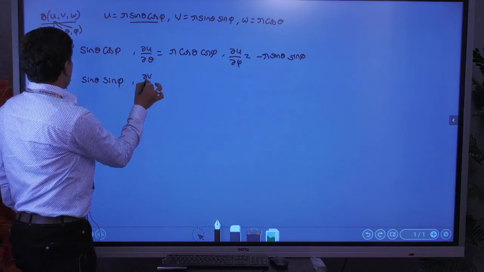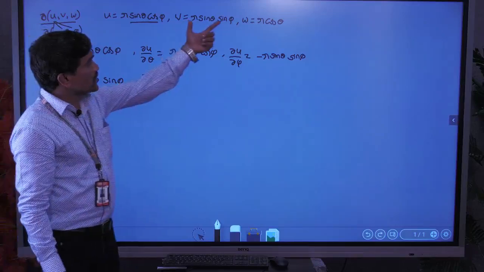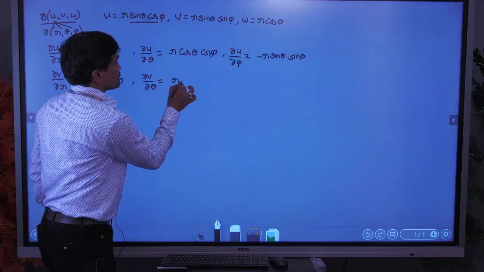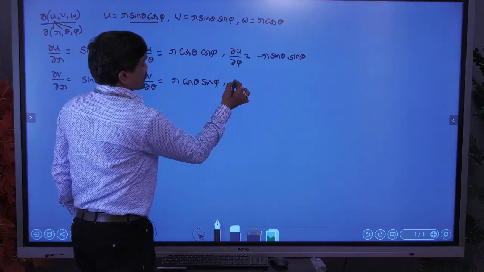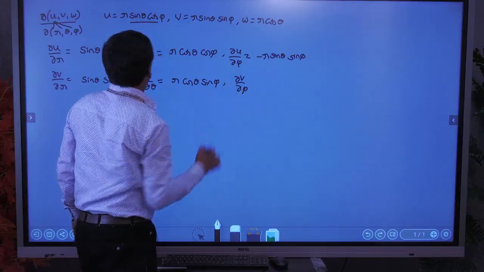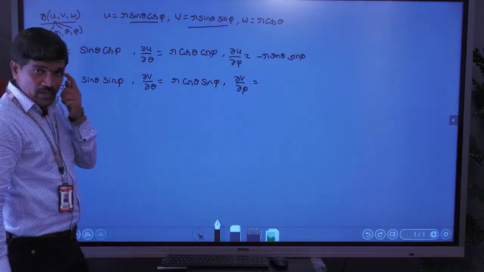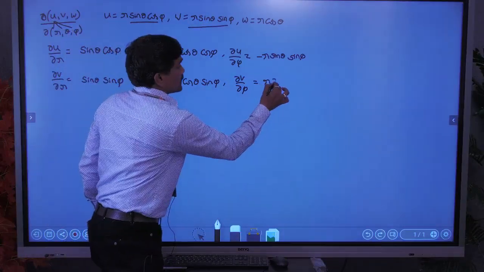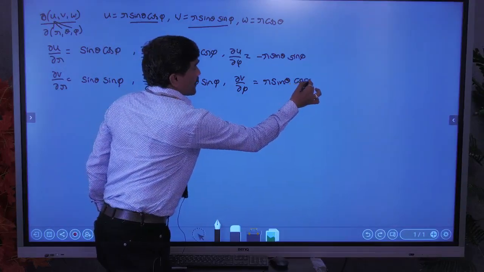Now ∂v/∂θ. Here r sin φ is constant, the derivative of sin θ is cos θ, so r cos θ sin φ. Next, with respect to φ, ∂v/∂φ. With respect to φ, r sin θ is constant, so the derivative of sin φ is cos φ.